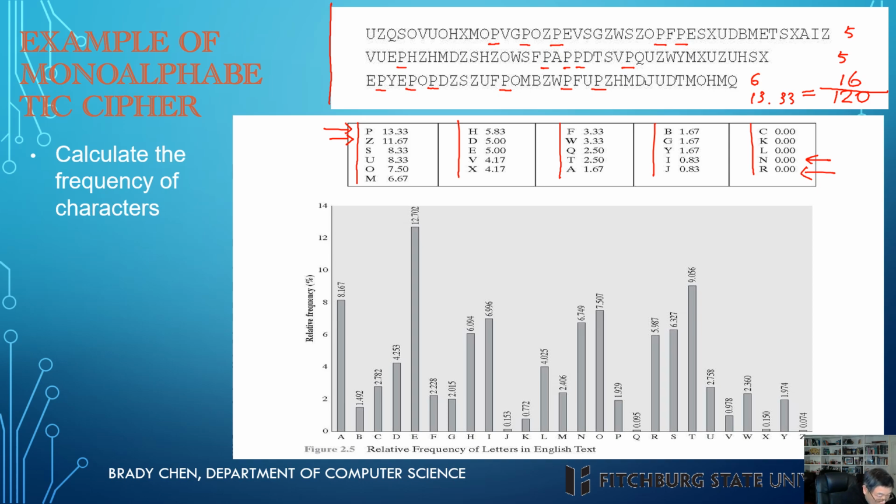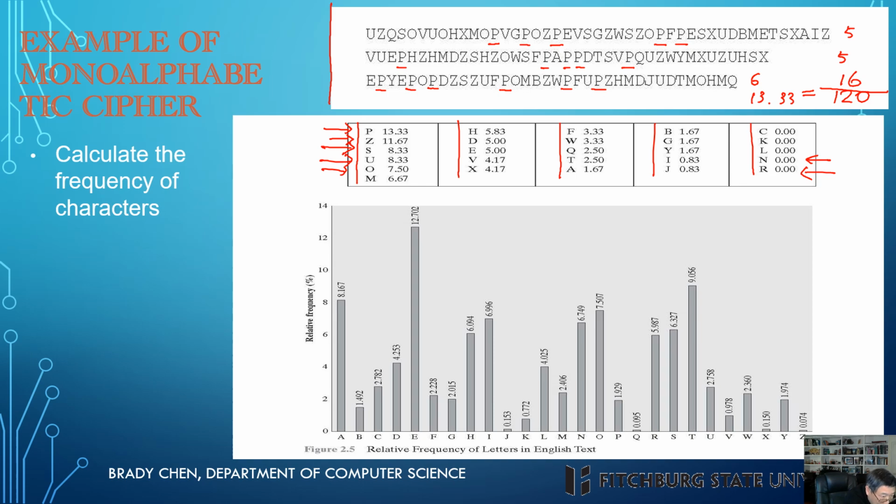The next step is we need to compare the frequencies in that list with the relative frequencies in the diagram. Now we find out P is 13.33, which is highest.